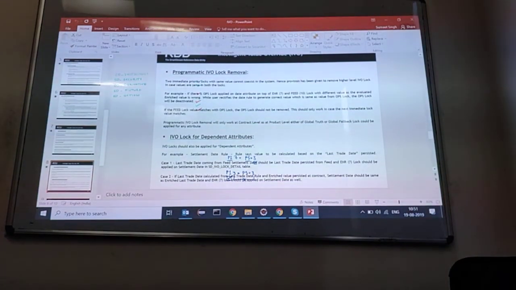Now ops has decided to put a lock at contract level only for point value and for 3-4 securities. When they are applying a lock with a changed value, what will happen to the existing value? Suppose the point value is 10, and ops has decided to change it from 10 to 12. So they have applied the ops log and changed that value from 10 to 12.